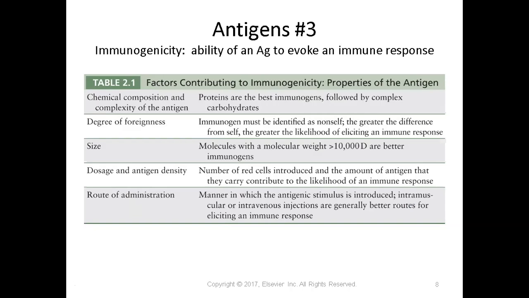Basically, most vaccines, think about this in your own life, are given through injection. So intramuscular, into the muscle. Think about your annual flu vaccine, influenza vaccine. It's in the upper arm, and that's intramuscular. Intravenous would be directly into the veins.